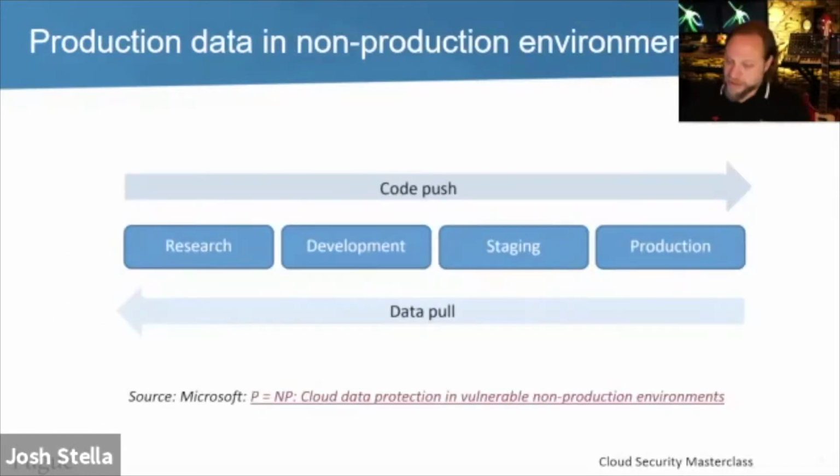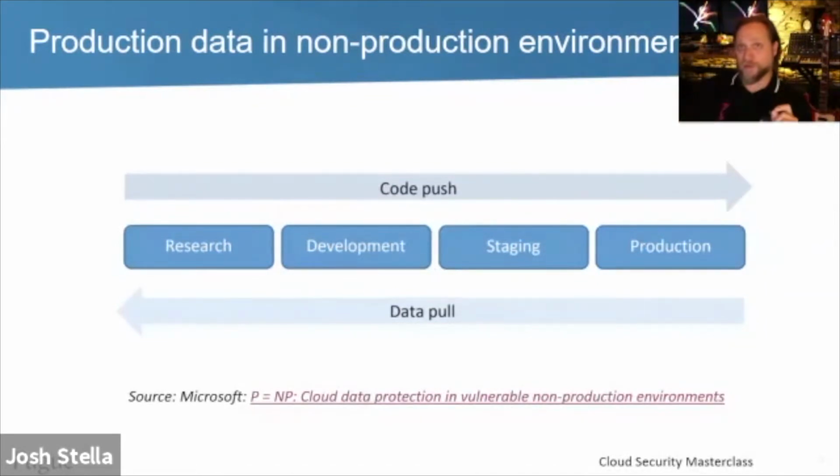All right, so Microsoft put out this interesting post, which I'll show you in a minute. We'll go through a little more things in it, but this diagram really describes a dynamic that's very, very common, which is that your SDLC, your Cloud Development Lifecycle, CDLC or SDLC, you're going from research and then development, and then you go to staging and then production, right?